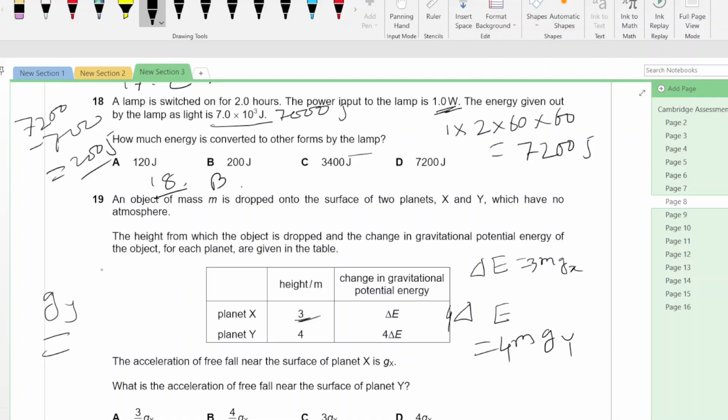If this is equation 1, this is equation 2. If I divide equation 1 by equation 2, this gives 1 by 4 equals 3 gx by 4 gy.